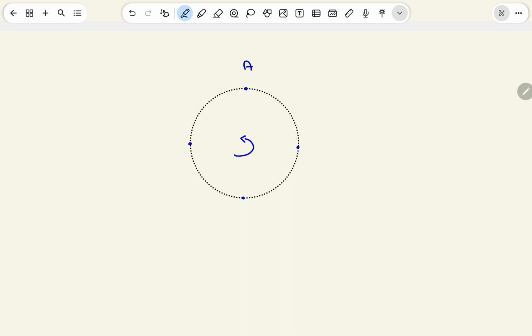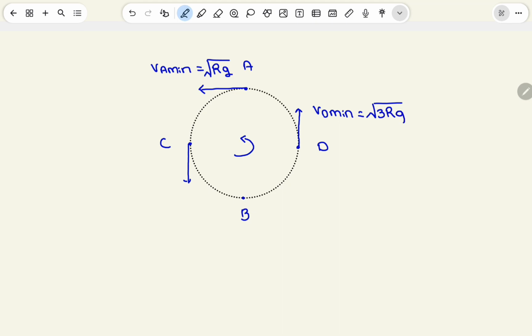This was point A, this was point B, this was point C, and this was point D. At point A, the velocity will be towards the left, and VA minimum is under root RG. At points C and D, the velocities are in opposite directions, but their magnitudes are equal. VD minimum is under root 3RG and VC minimum is also under root 3RG.